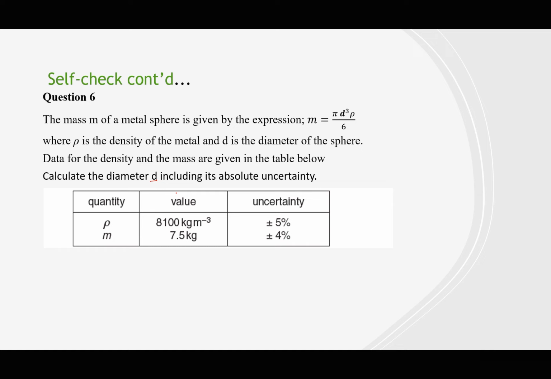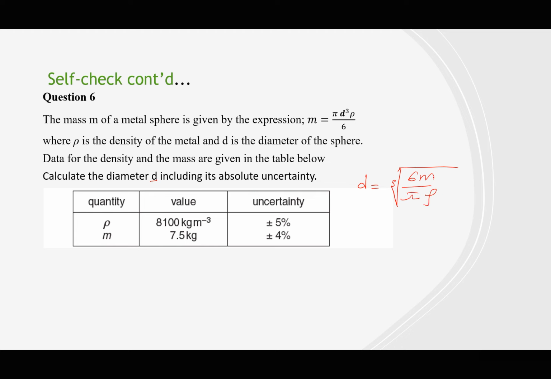So everything you need has been given, including the formula. So all you will need is to make the diameter the subject. In other words, the diameter will be equal to the cube root of 6m divided by pi times rho.